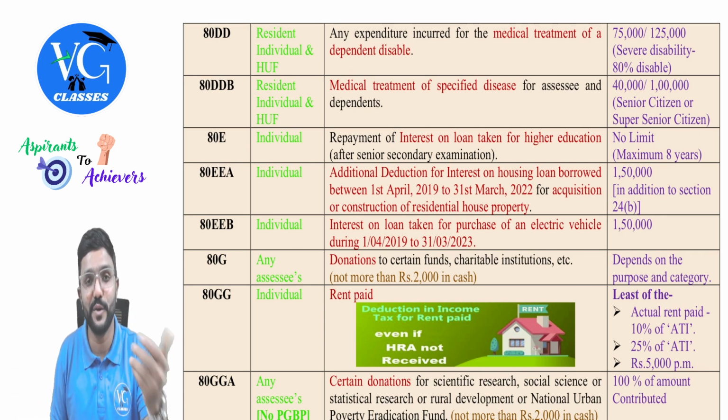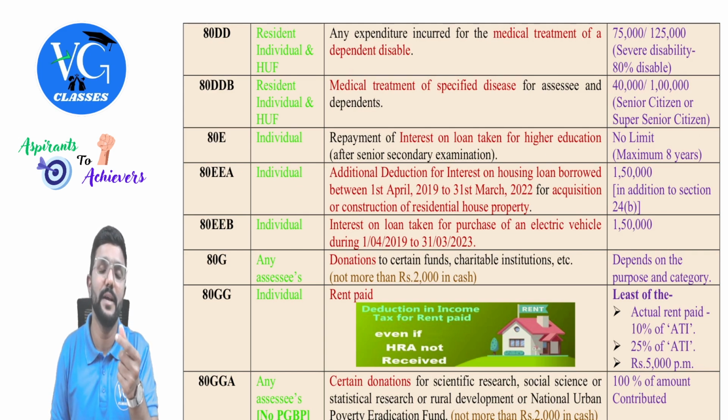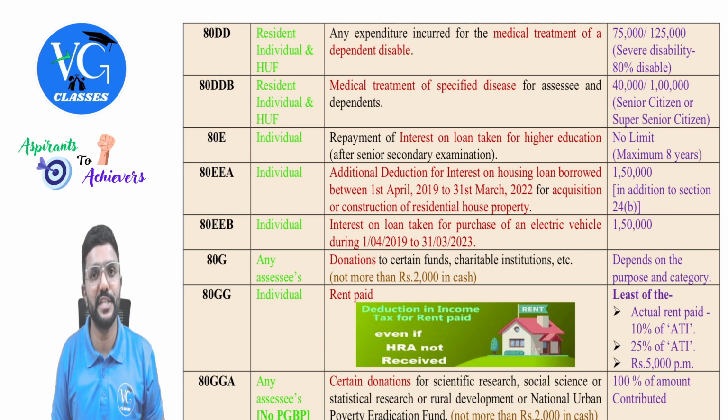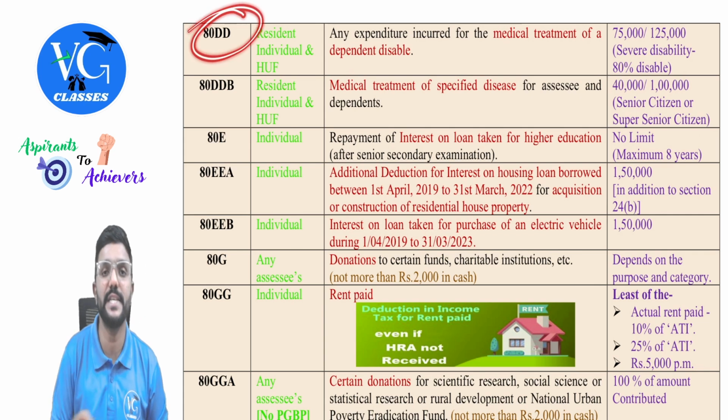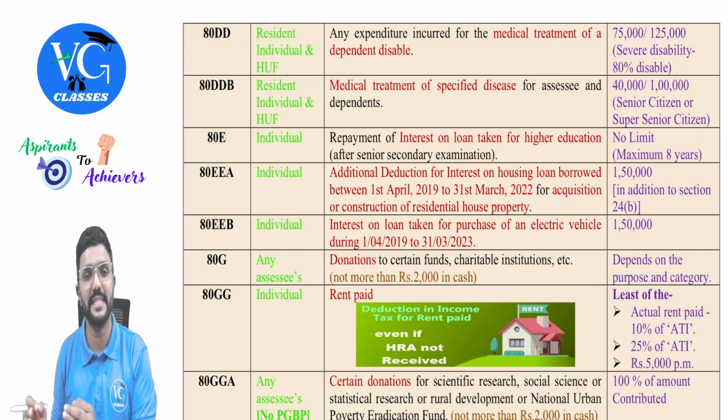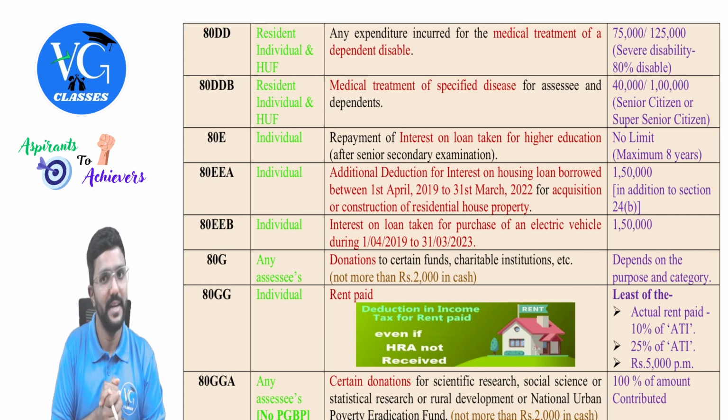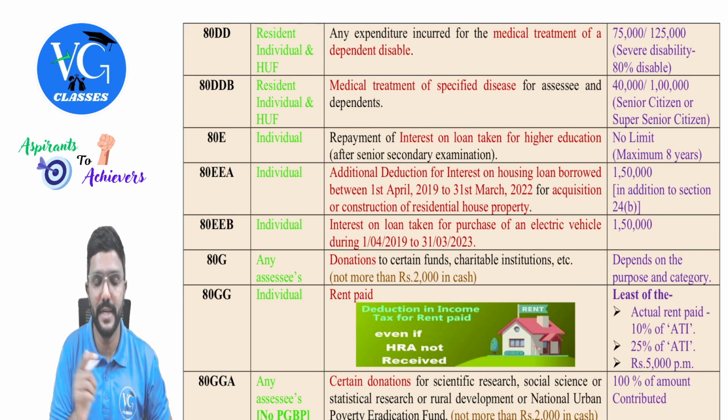Now I am going to a doctor, and the doctor is giving me a treatment for which he is charging money. So can we claim the medical expenditure incurred as a deduction? Yes, under section 80D or DD and DDB. And DD especially is very easy to remember. Dependent is suffering from disability.